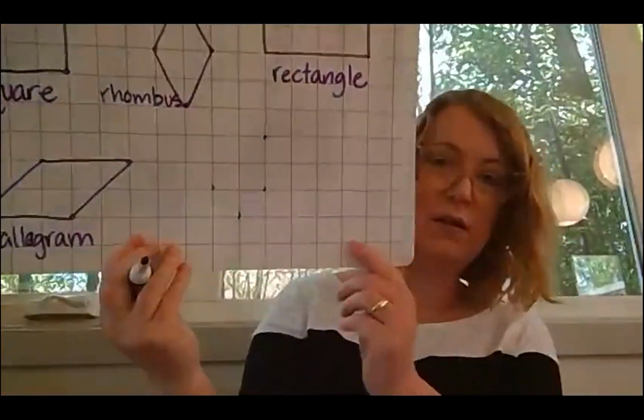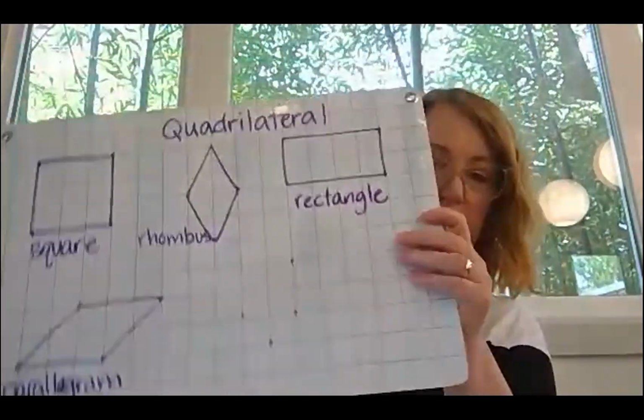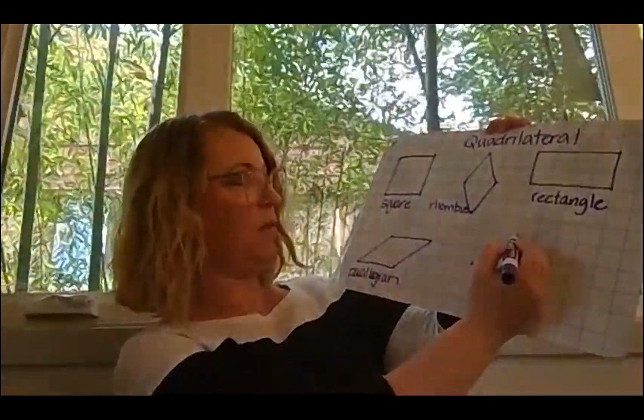Then there's quadrilaterals that don't have any other name. They're just weird, funky, 4-sided shapes. Let's see if I can make one. So I just kind of put some 4 dots down randomly. And now I'm going to try to connect my dots.